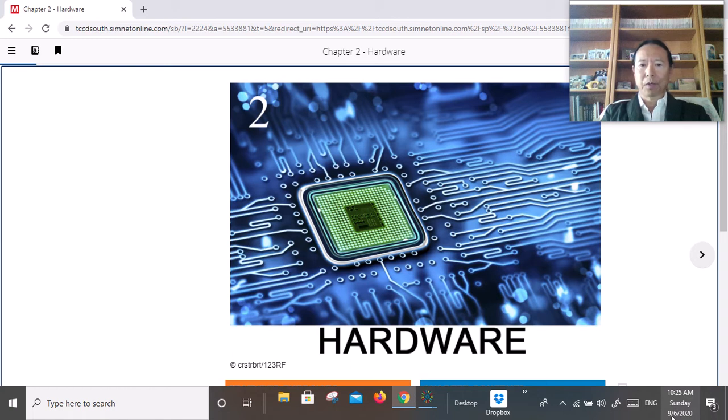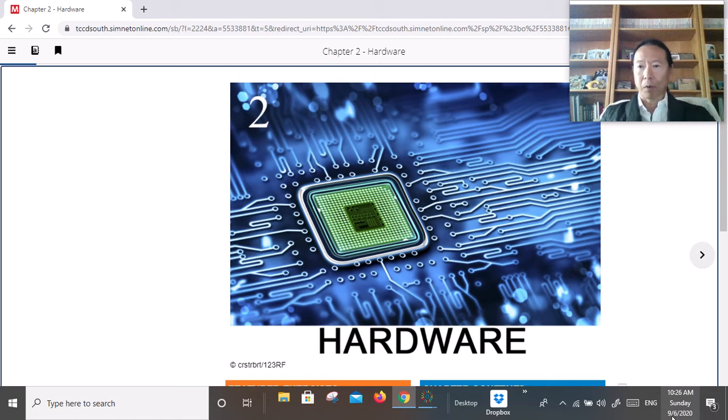You can also view a computer from the hardware and software point of view. In addition to hardware and software, you may also have heard the term firmware before. So what's firmware? Or go to the basics: what's hardware, what's software?